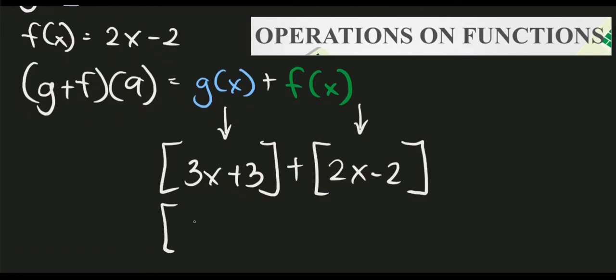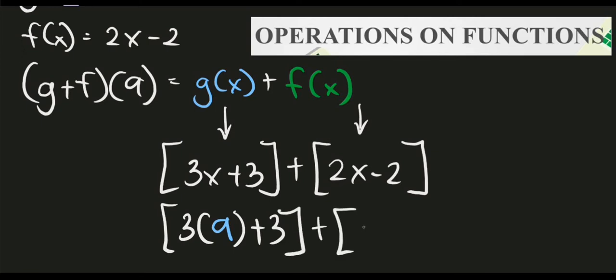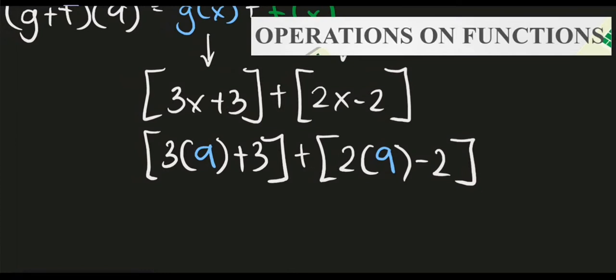Therefore, it will give us 3 times 9 as our x, plus 3. And we need to add this to 2 times another x, which is 9 again, minus 2. After that, just simplify this expression, okay? We have 3 times 9. So, 3 times 9 is equal to 27.